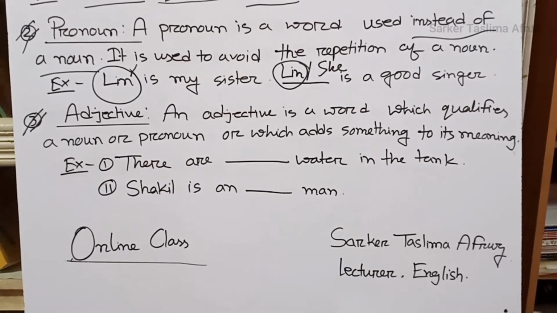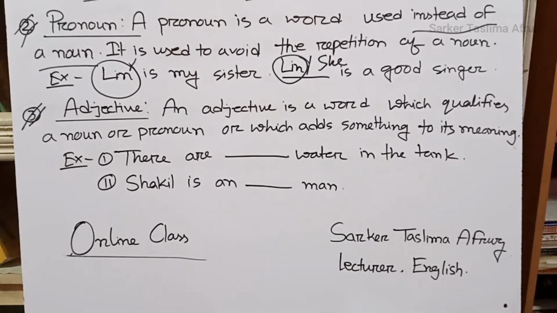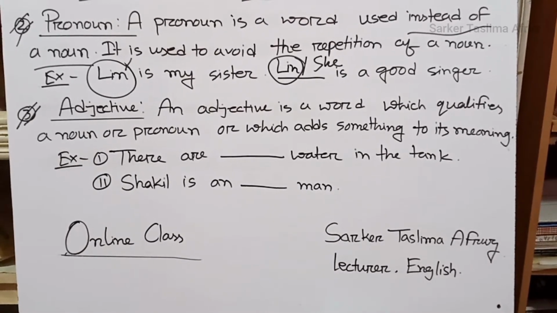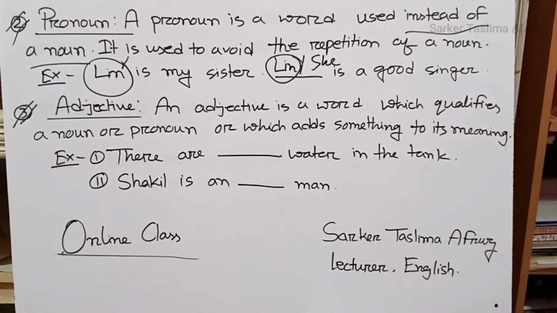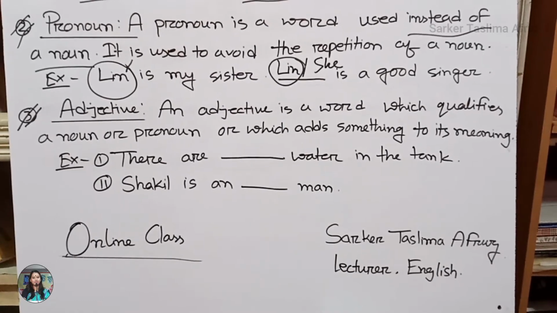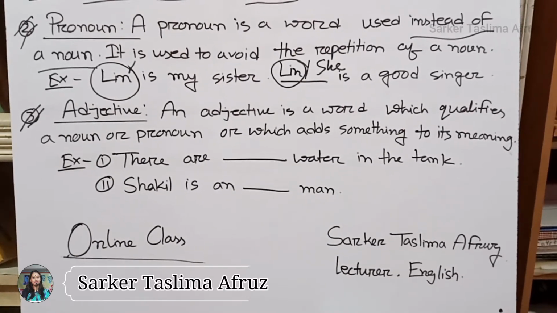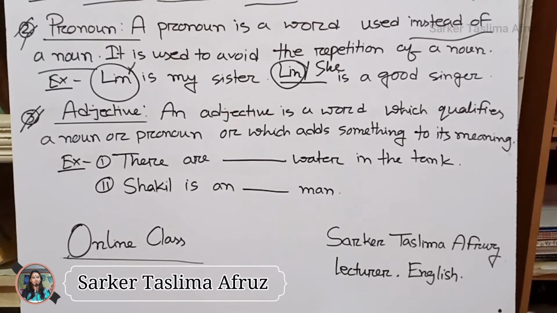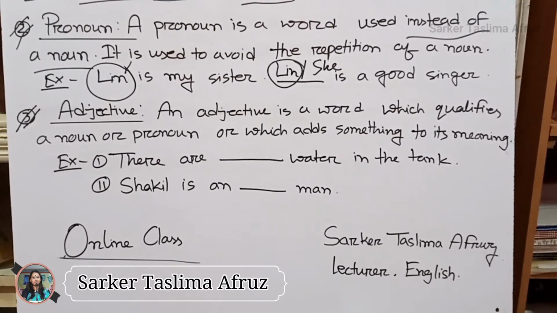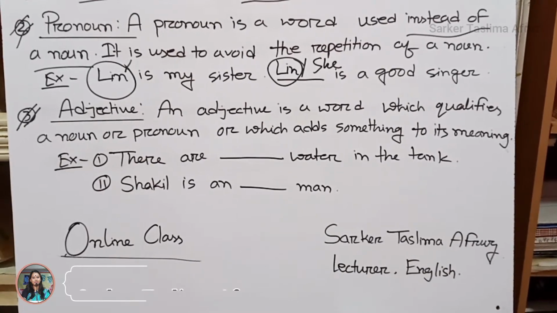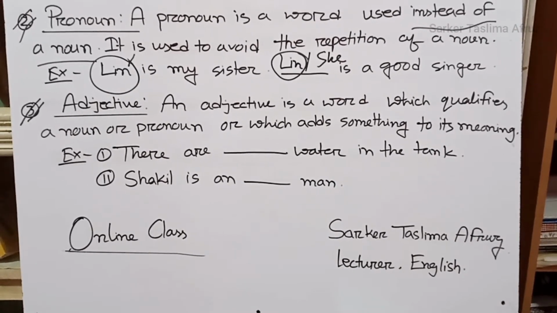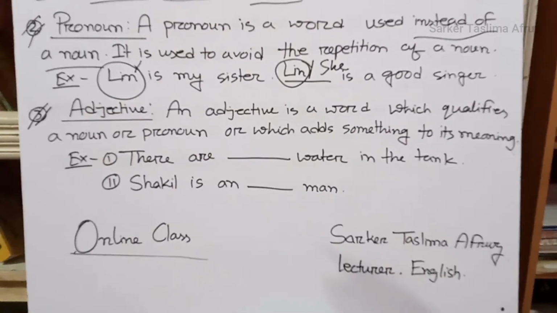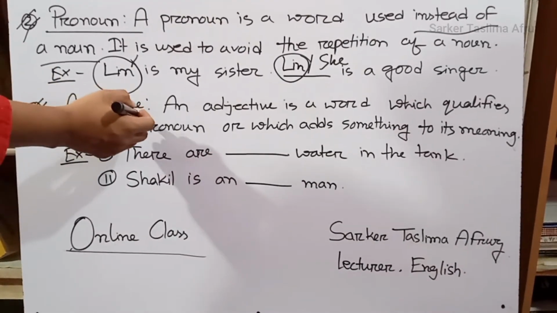By using adjective, we can know about noun or pronoun, that means how a noun or pronoun acts, their qualities. It may be good or bad. That means any kind of extra information about the subject, that means noun or pronoun, which is very important to write a sentence very attractively. So dear students, I hope you understood about adjective.